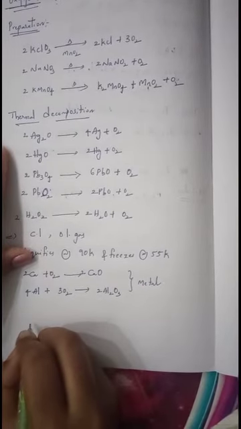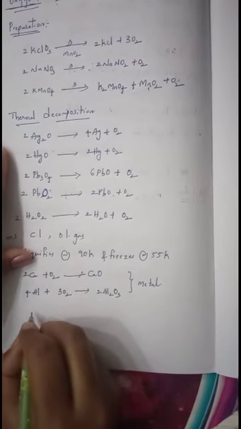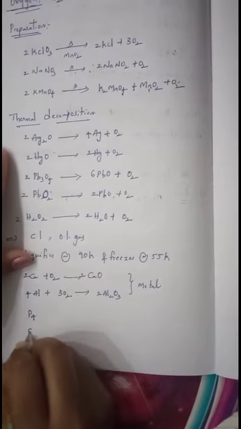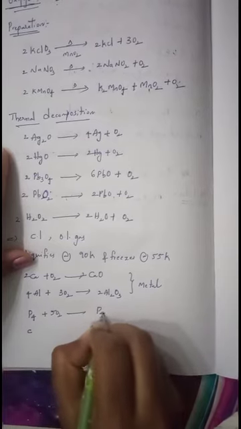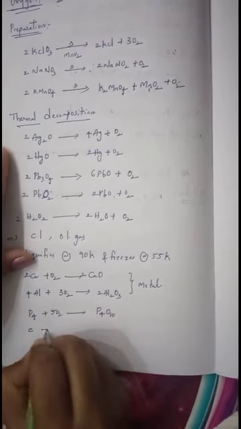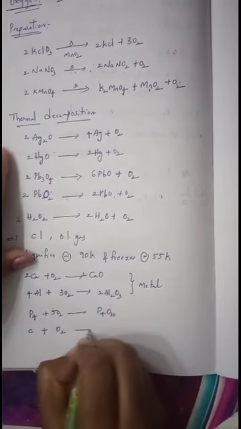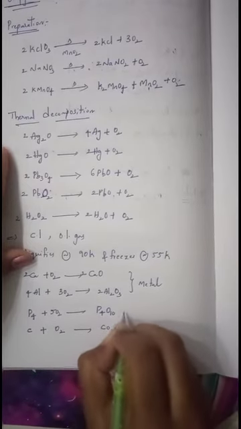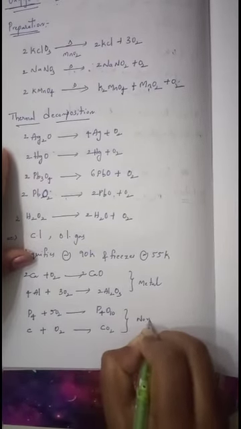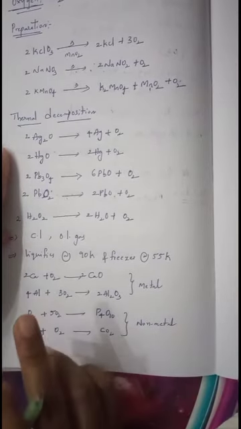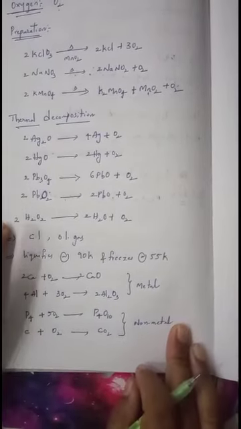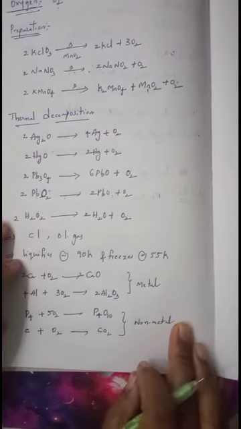In the same manner, it can also react with non-metals such as phosphorus and carbon. When phosphorus reacts with oxygen, it converts to P4O10. When carbon reacts with O2, it converts into CO2. So these two are reactions with non-metals. Oxygen can react with metals and non-metals to give different types of products.